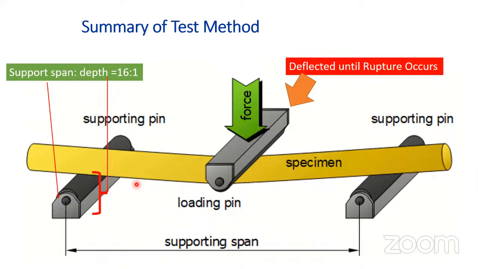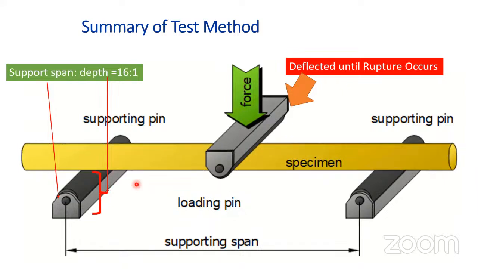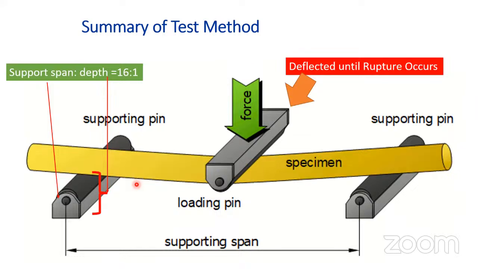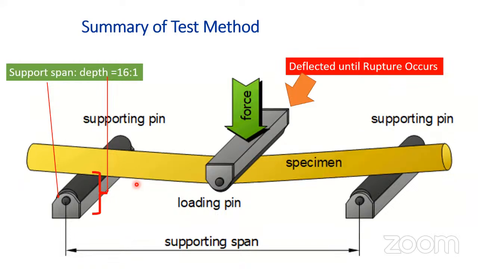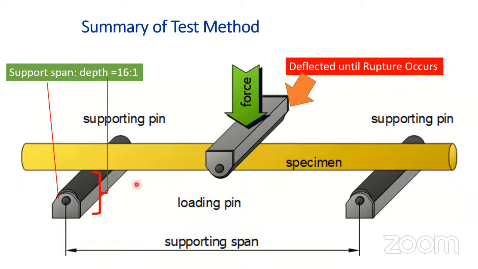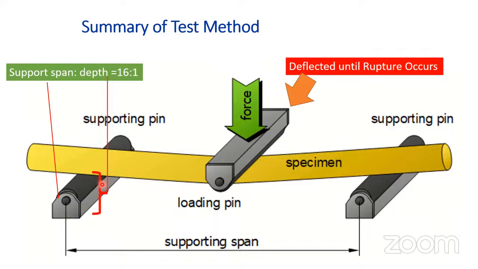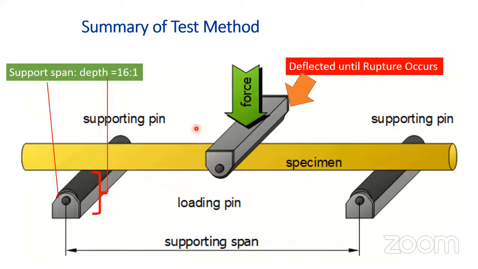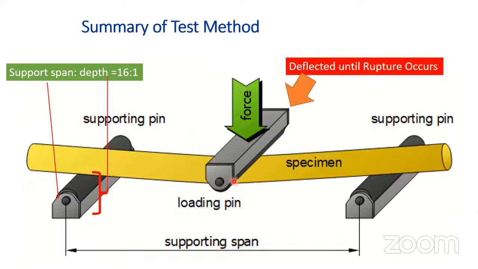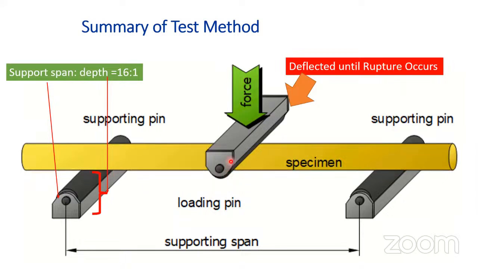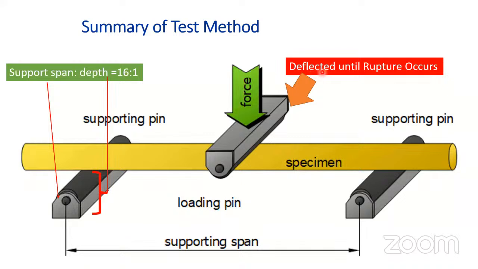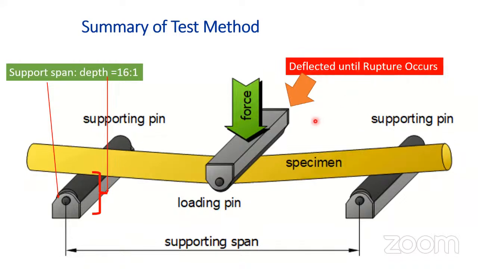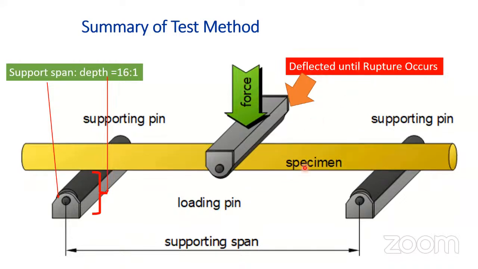Your part will get folded, or bent, through the center, and whatever amount of force is required can be measured. Till what point will we apply the force? Till rupture or deflection, until the rupture occurs in your specimen.